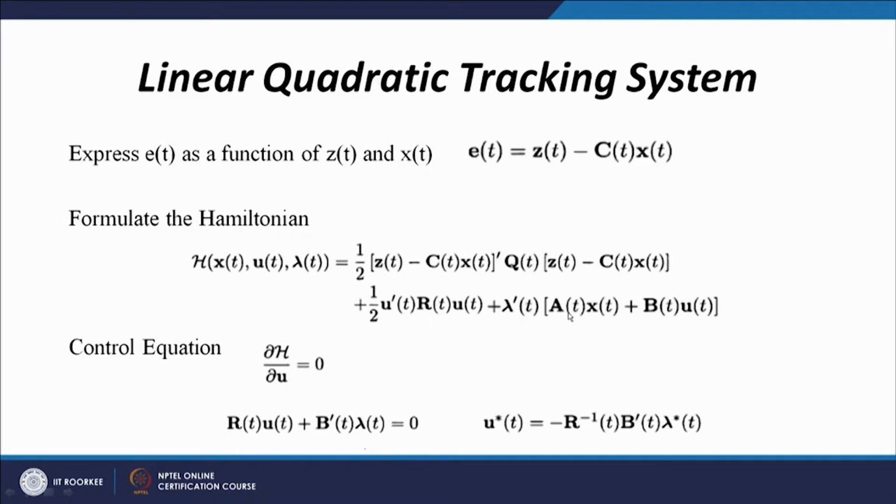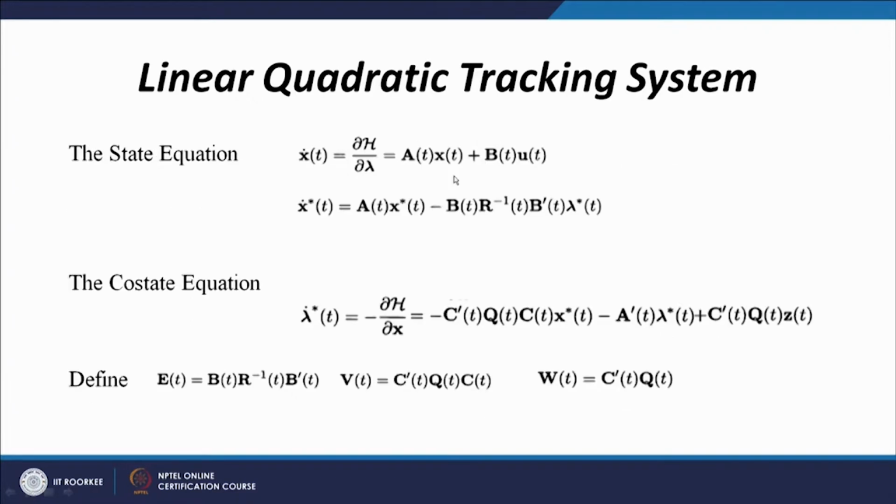So, if I differentiate this, I will get nothing but A x plus B U. So, what we are getting is x dot t equal to A t x t plus B t u t, and U we have already derived. B R inverse B prime lambda is nothing but my U. So, this state equation is nothing but giving me the optimal state if I am using the optimal value of the U.